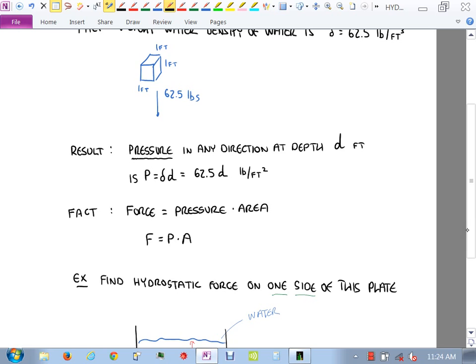You feel it. So the depth has an effect, and it's because all the mass of the water above you is applying pressure. So what we have is this. The pressure is going to be the water weight density times the depth in feet.